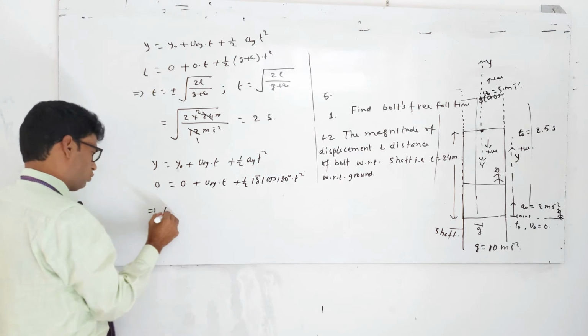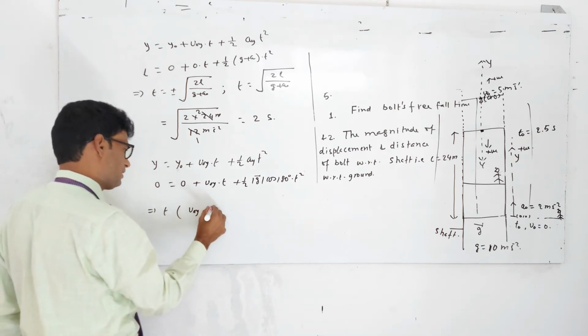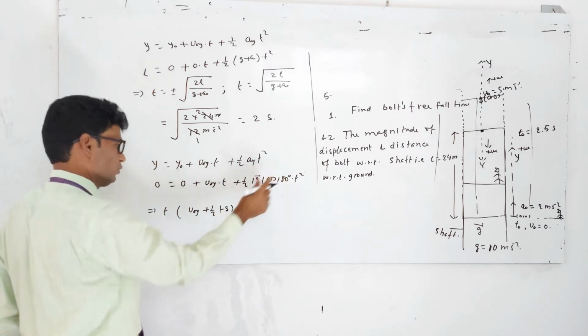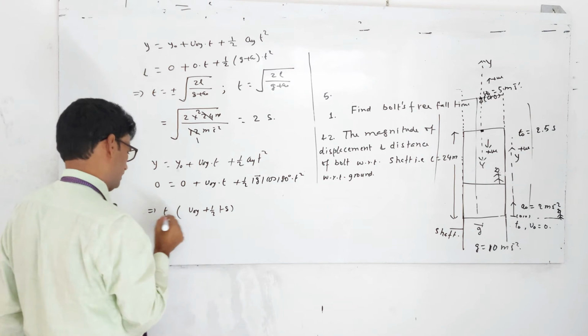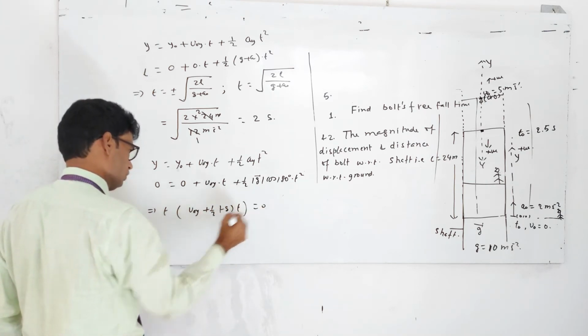Here we take t common, so this is v naught y plus half of minus g cos 180 degrees, which is minus 1, and one t is taken out common, so one t is left here, and this is equal to 0.